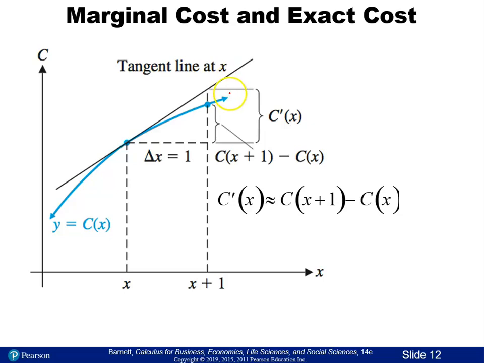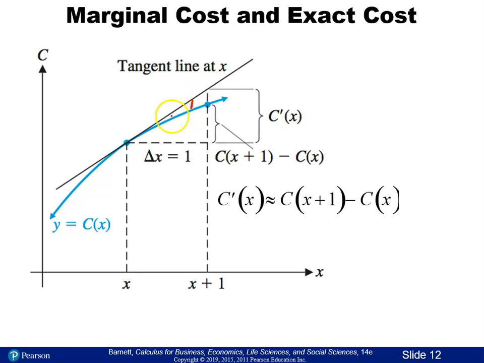Okay, so what we have is the tangent line is representing the marginal cost at a particular point, and then the exact cost is this function here. So what we see is that there's a difference between the two values.